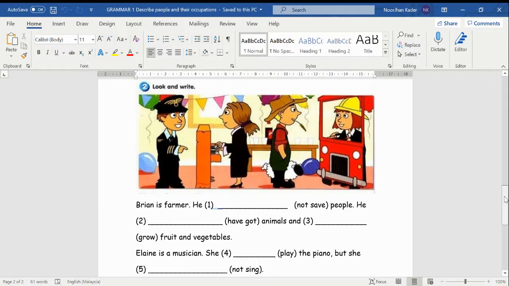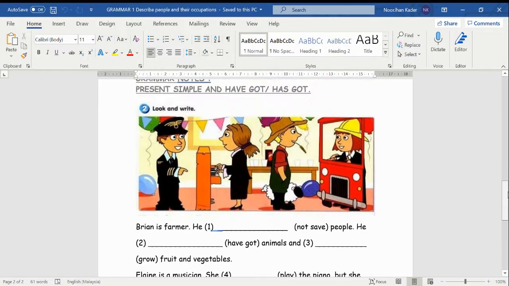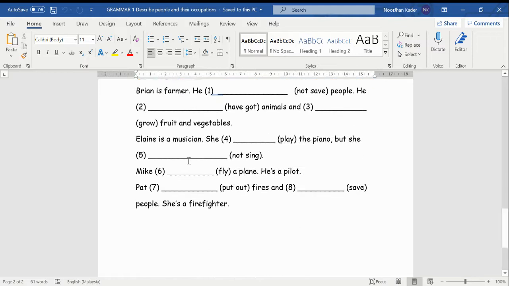Okay, let's just go through once first. We do not know who is who, but let us just go through generally before we understand further. Okay, Brian is a farmer. He dash, so in the bracket, the answer is not save people.